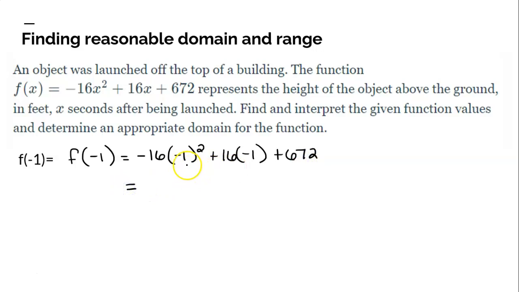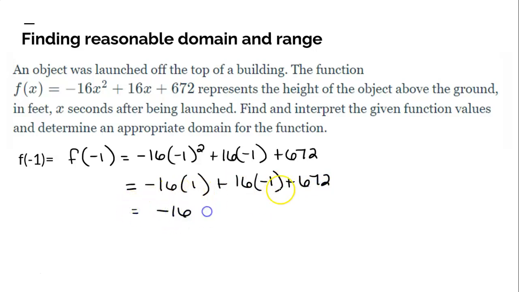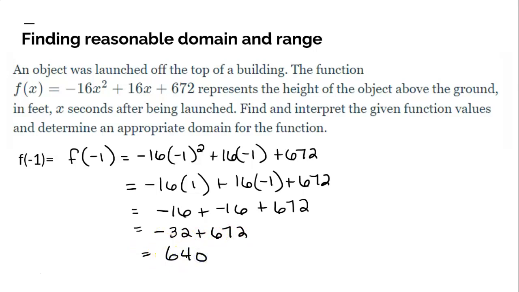You want to follow your order of operations. (-1) squared becomes +1, so that becomes -16 times +1 plus 16 times -1 plus 672. -16 times 1 is -16. 16 times -1 is -16, and then we're going to add 672. -16 and -16 is -32 plus 672. And the signs are different, so I'm going to subtract. So 672 minus 32 becomes 640.